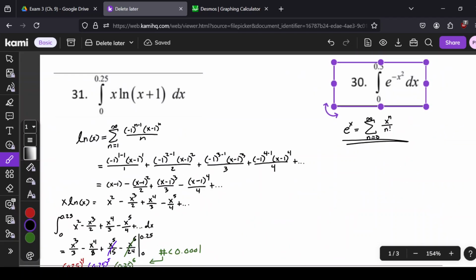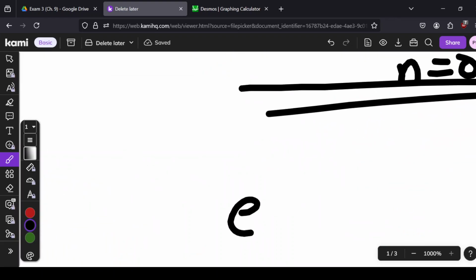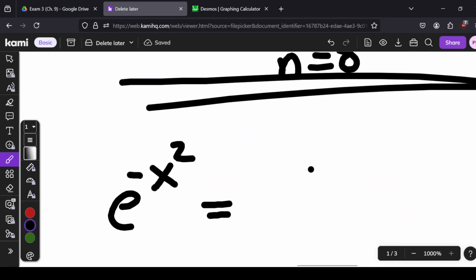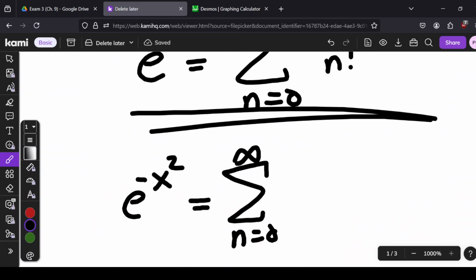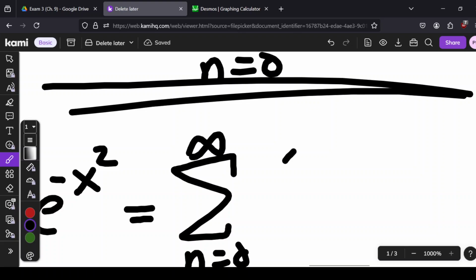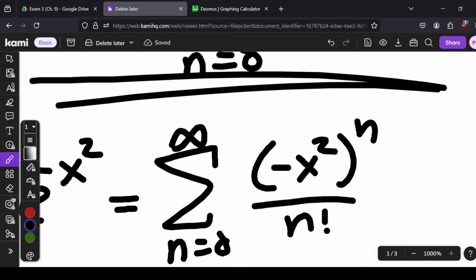So, you know what? Last time I wrote out the series, this time I'm just going to write the series. Sum from 0 to infinity of negative x squared to the n over n factorial.